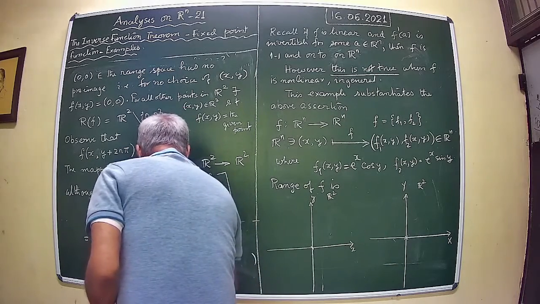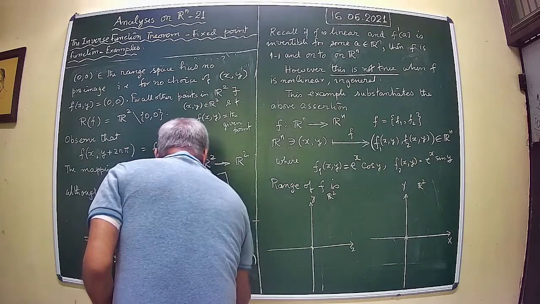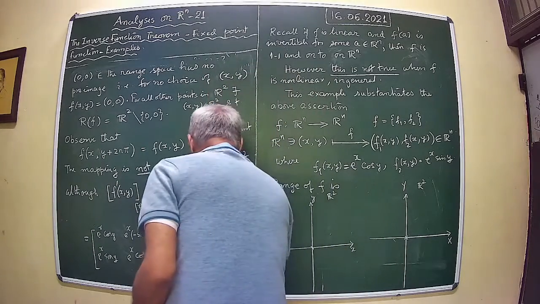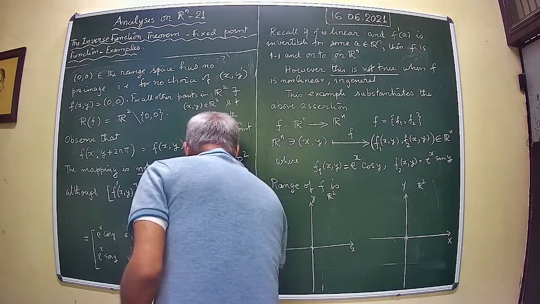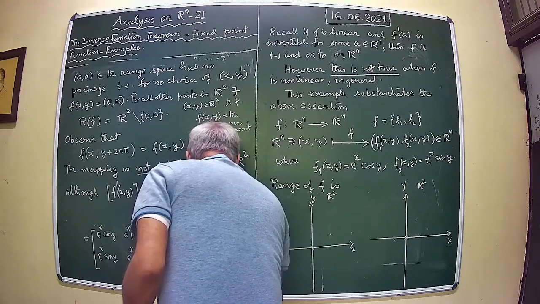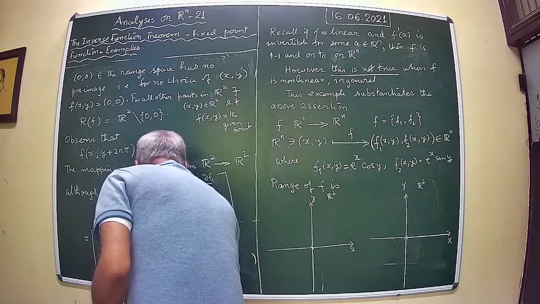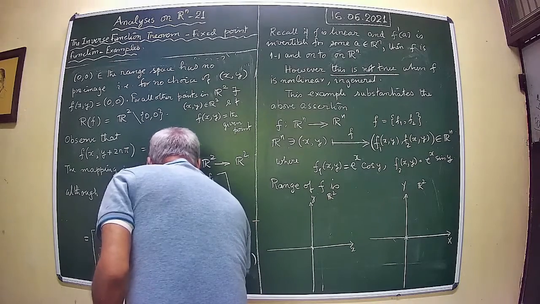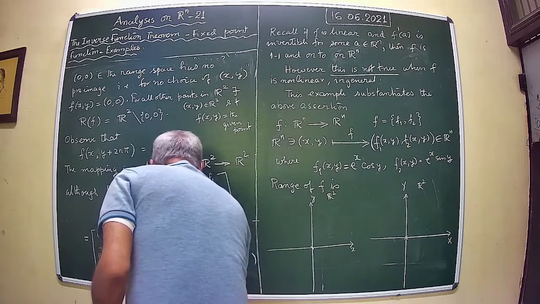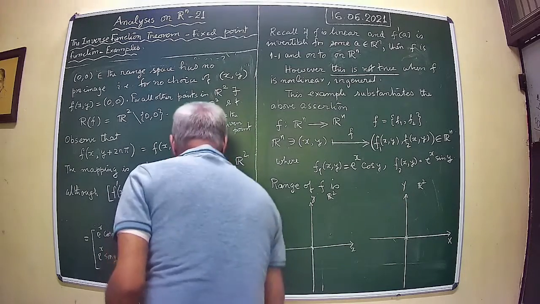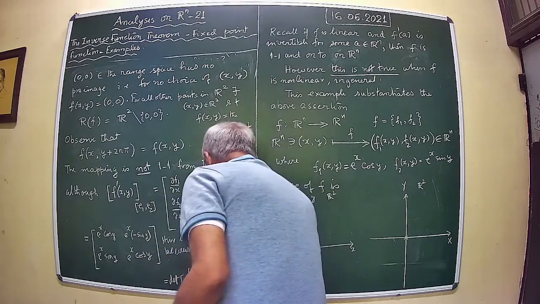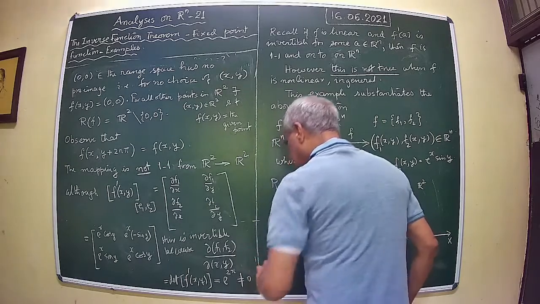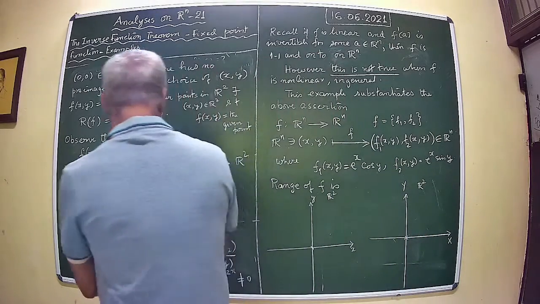Because the determinant of what is called f prime is equal to e to the power 2x, not equal to 0, which is never equal to 0. Therefore, this is always invertible.